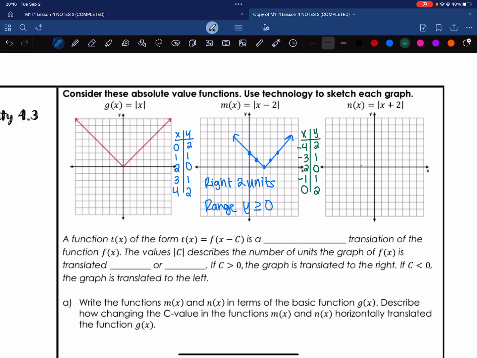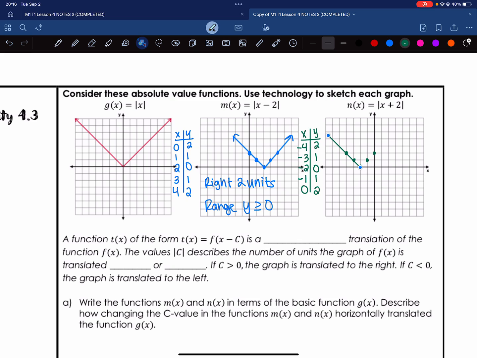So we're going to go ahead and plot these. Negative 4, 1. Or sorry, negative 4, 2. Negative 3, 1. Negative 2, 0. Negative 1, 1. And 0, 2. So I'm going to go ahead and connect the dots.